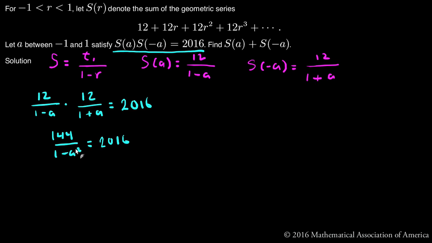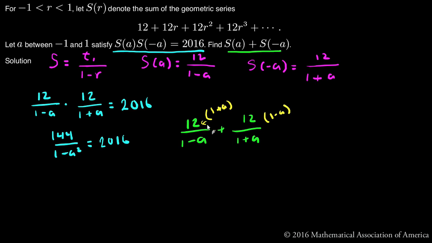I know this, and I'm trying to find this, and what actually happens is S of A plus S of negative A is 12 over 1 minus A plus 12 over 1 plus A. And when I get a common denominator, I'm going to have to multiply this by 1 plus A over 1 plus A, and this by 1 minus A over 1 minus A, which will get me the same denominator here, and the A's in the numerator are going to cancel out.